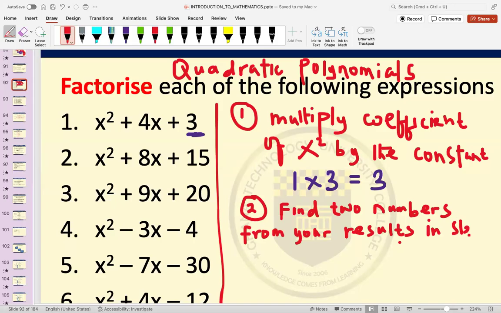And what did we do at step 1? We multiplied the coefficient of x squared by the constant.